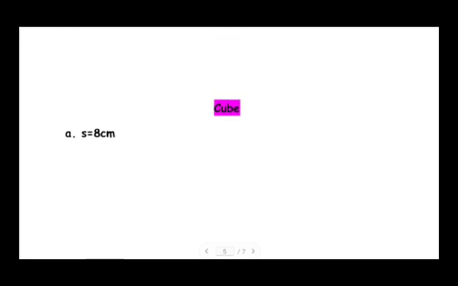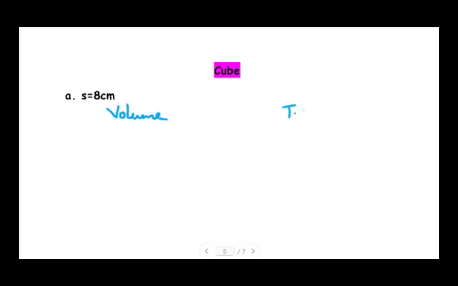Next sum. Now we are going to find the volume and total surface area of a cube. Cube is the easiest. Volume and TSA. What is the volume of a cube? Volume is equal to side cube, and this is the side length.